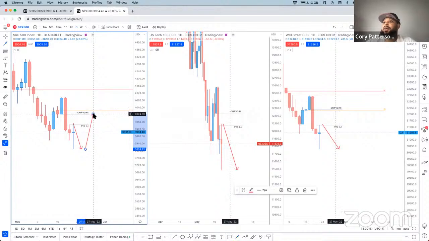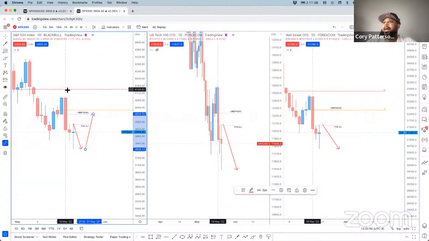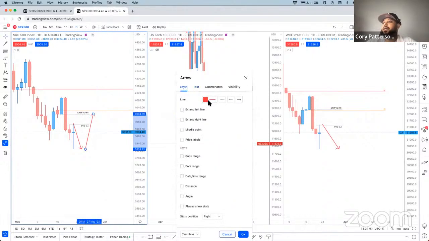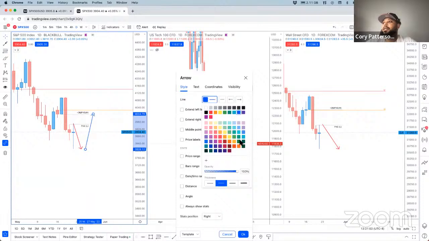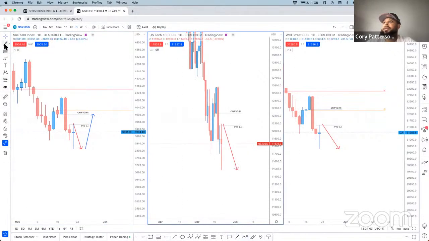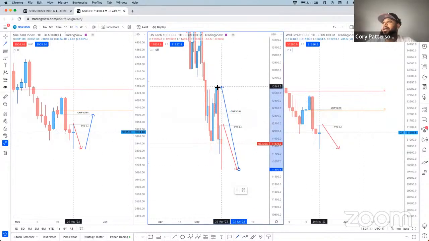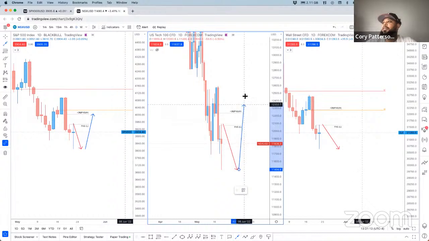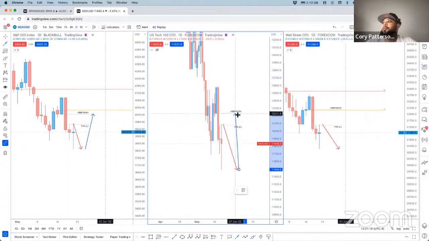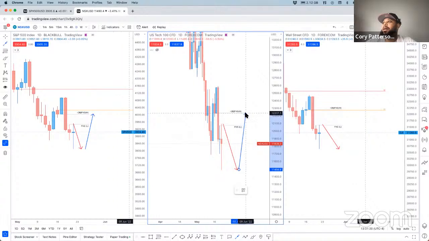But the highest probability is we stop short of the high and just trade to this imbalance, the imbalance high. Not saying that it won't do anything different, but the probability is higher that we don't make it past this high, and we stop somewhere around this order block or this imbalance right here.